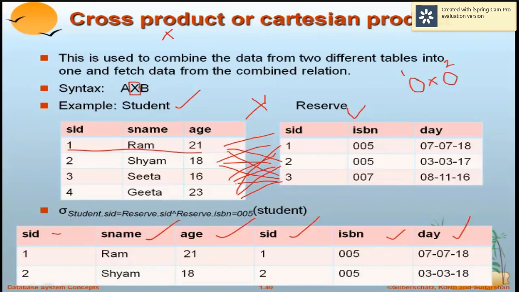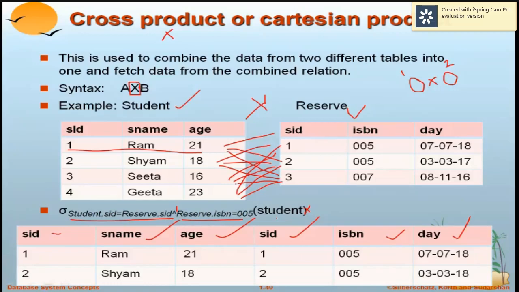That is by giving the condition. So I gave a condition over here from the output table of student and reserve. I want reserve.isbn is equal to 005. I want all the records whose ISBN is equal to 005.